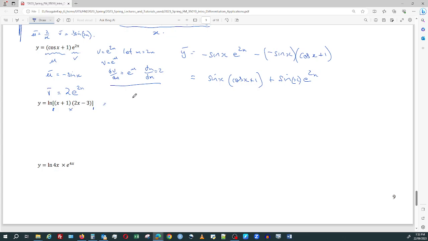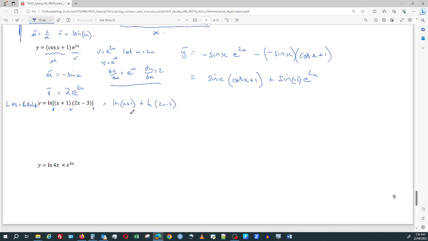So as a log law, we can take ln AB and make it into ln A plus ln B. So there's the log law at work. So it'll be the ln of x plus 1, plus the ln of 2x minus 3. So that's fairly straightforward.